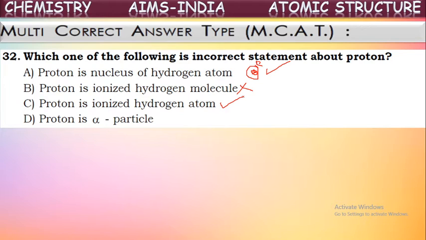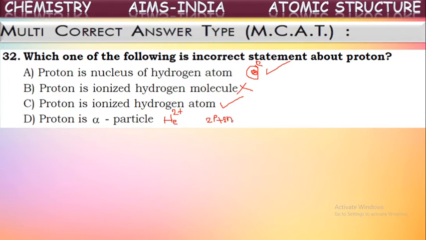These two are correct. See the fourth one what they have given. Proton is alpha particle. Is it true? No, because alpha particle is nothing but He2 plus ion. He2 plus ion is called alpha particle, or to say generally, the group of two protons plus two neutrons.